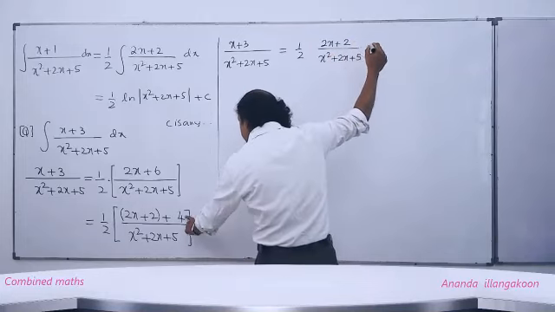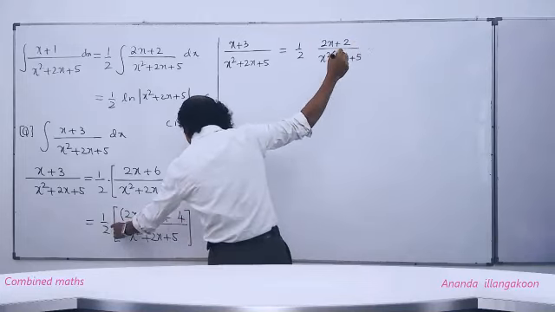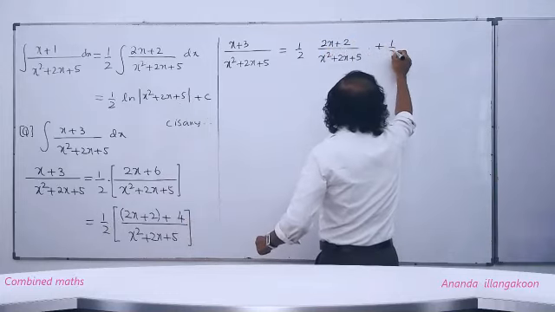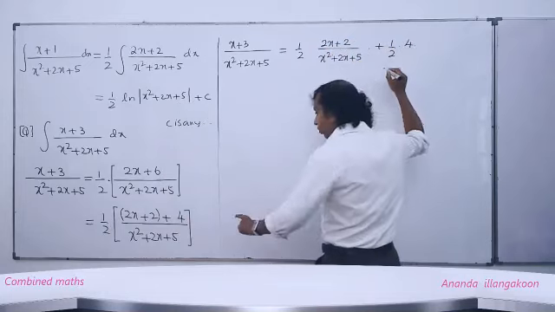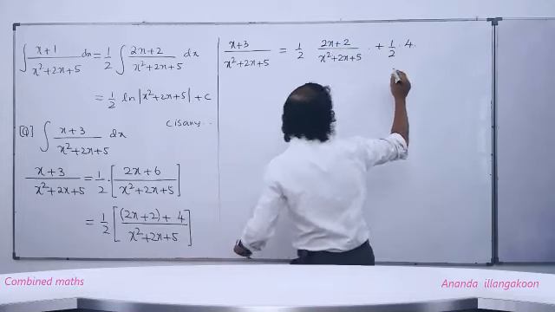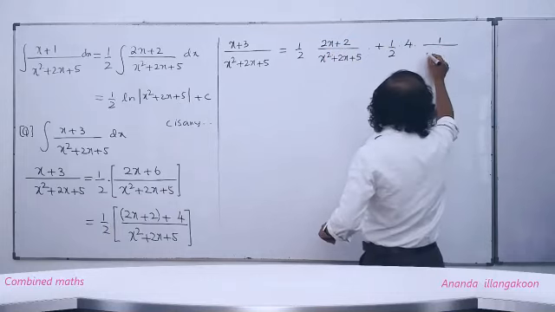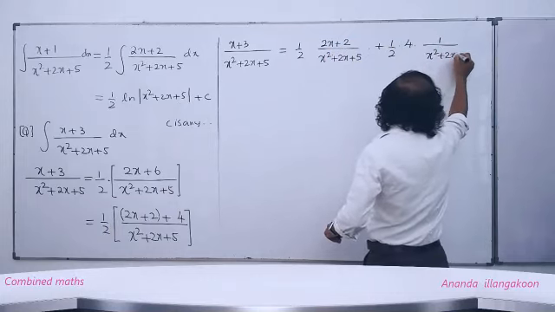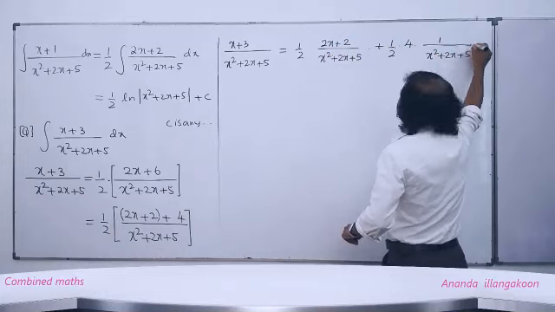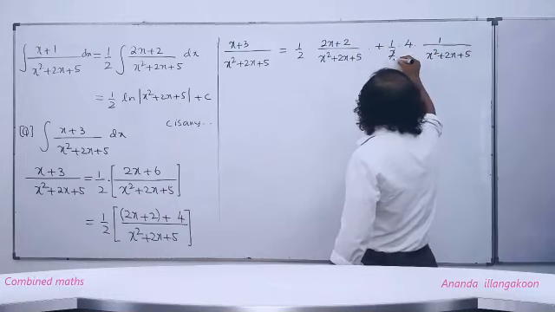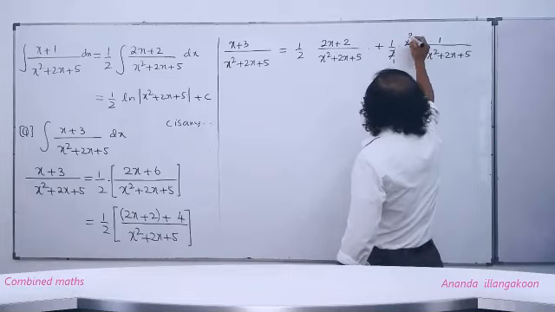And this 4 and this half we have to multiply now, people. See what do you get? Half into 4. Once I take this 4 before, here we have now 1, 1 upon x squared plus 2x plus 5. This way. Right. Now you can cancel down this and this by 2.